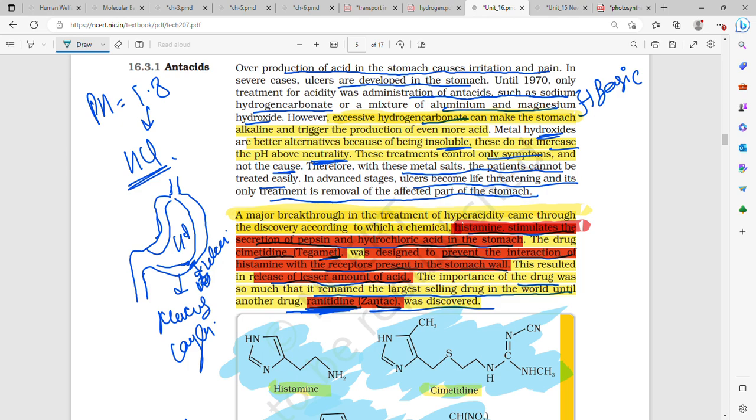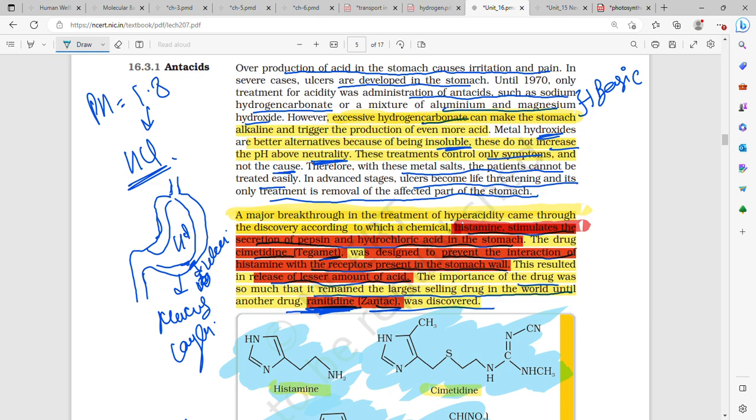Metal hydroxides are better alternatives because they are insoluble, so they don't increase the pH above neutrality. Therefore, instead of hydrogen carbonates, we should consume metal hydroxides.